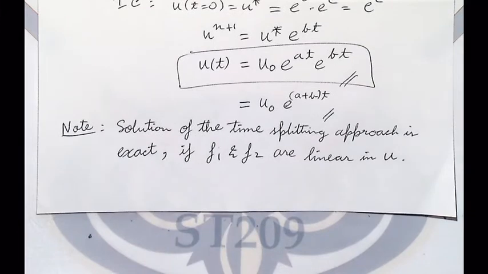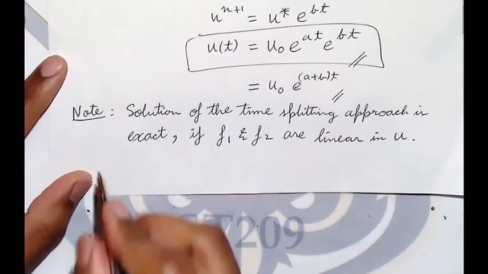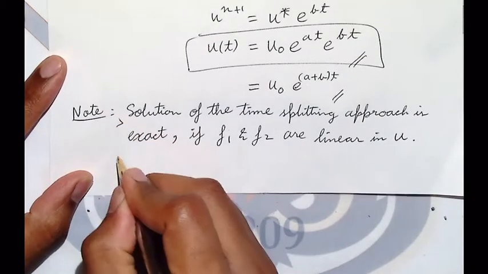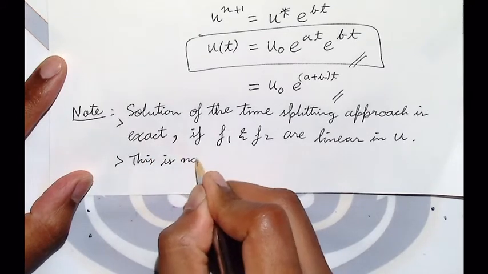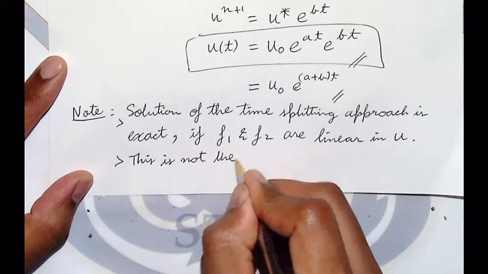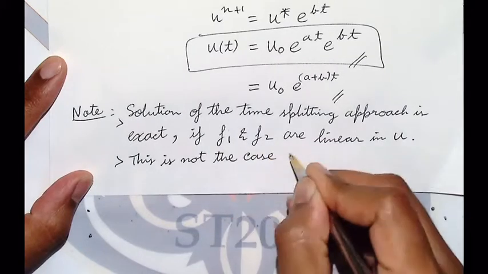This is assuming A and B are scalars, not matrices. I will show you what happens when they are matrices. This is not the case for Navier-Stokes equations.